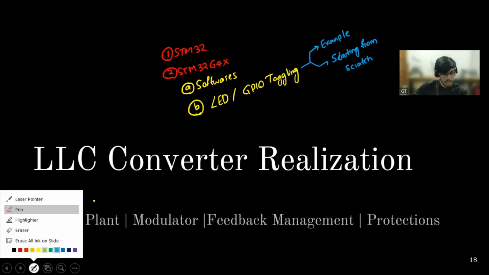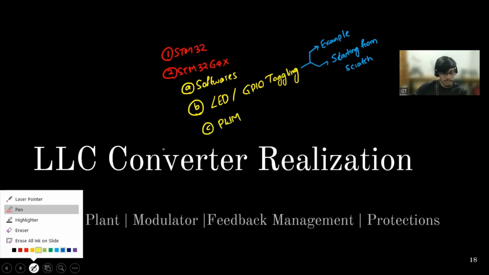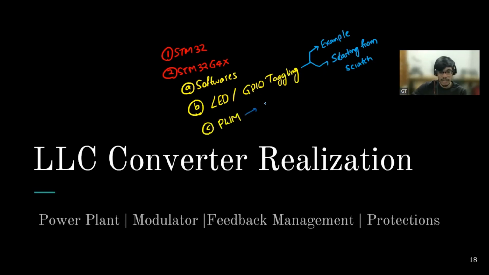After that, we saw some PWM waveforms where we had the high side QH as well as the low side QL, and a 50 microsecond time period, so I think it is around 20 kilohertz frequency.